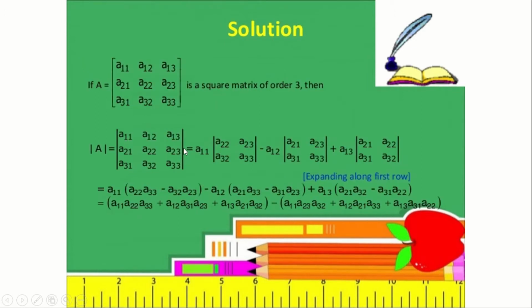Before that, we have to know how to multiply it. When we take matrix A into determinant form and take the first element, only the row is considered. First is a11.